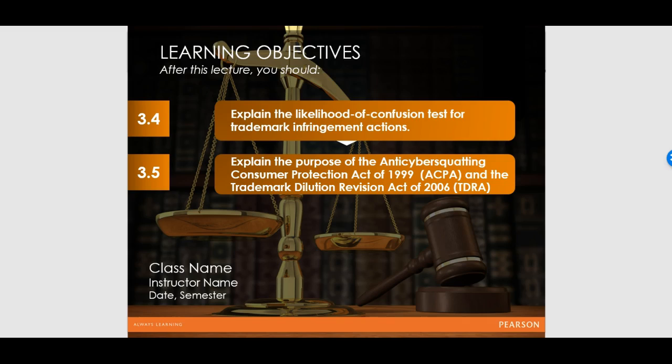And we'll end this chapter by looking at cybersquatting, which is an offense through the internet, and also looking at some international treaties and conventions for trademarks.